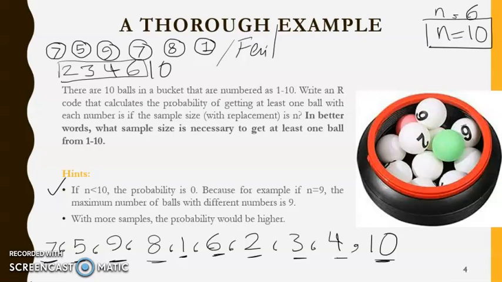So for the next one, it says with more samples, the probability would be higher. That's correct. Because if instead of 10 balls, I take 20 balls out of this bucket, the chance of having a successful experiment in which I have at least one ball from each of the numbers from 1 to 10 is higher.